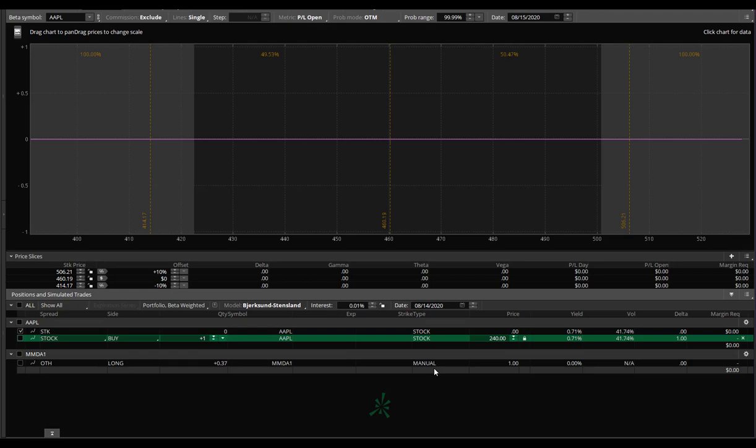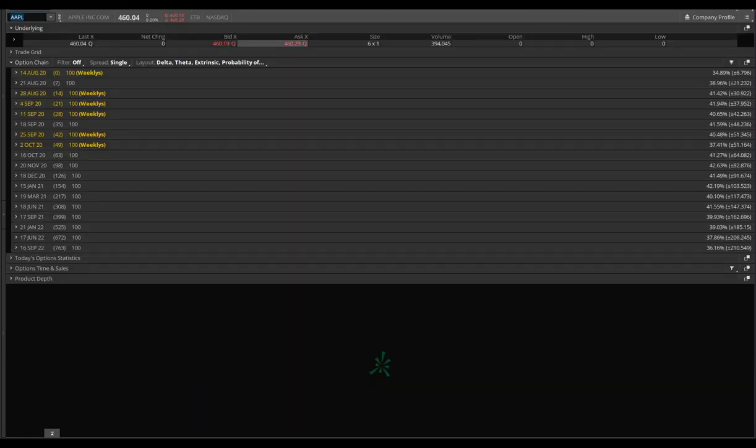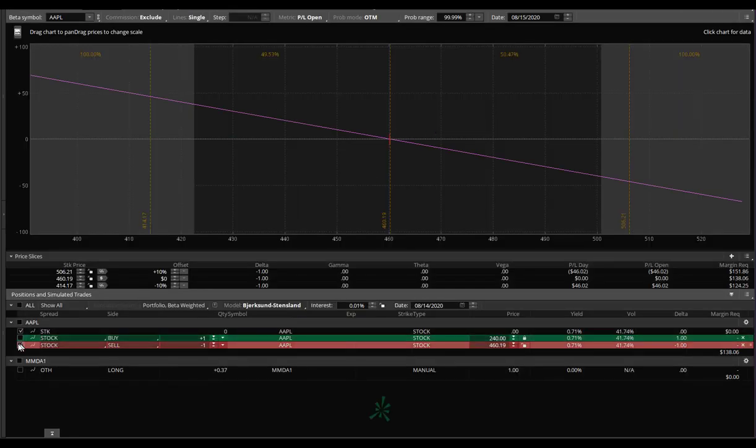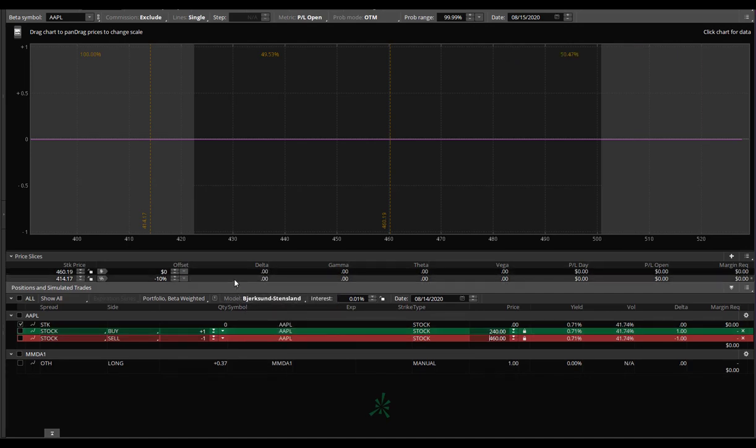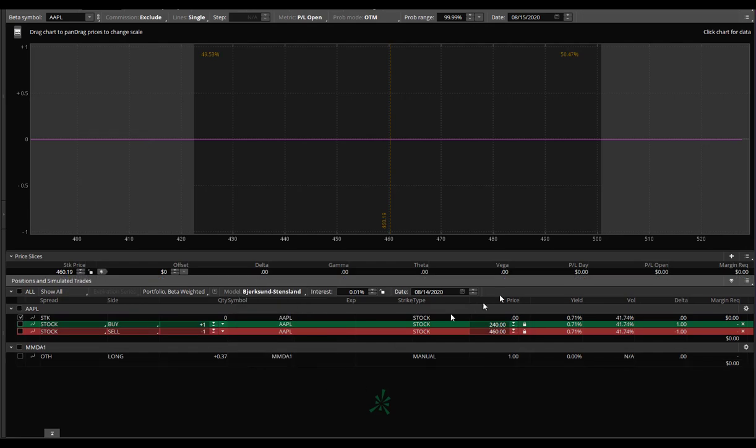Then I'm going to go back up here and do it again and say analyze sell trade, and I want to take this off, and then I say I sold it at 460. It is 460 right now, but I'll put it exactly 460. I'm just going to delete these to not make it confusing. You can see that if both of these are checked, this should say $22,000.